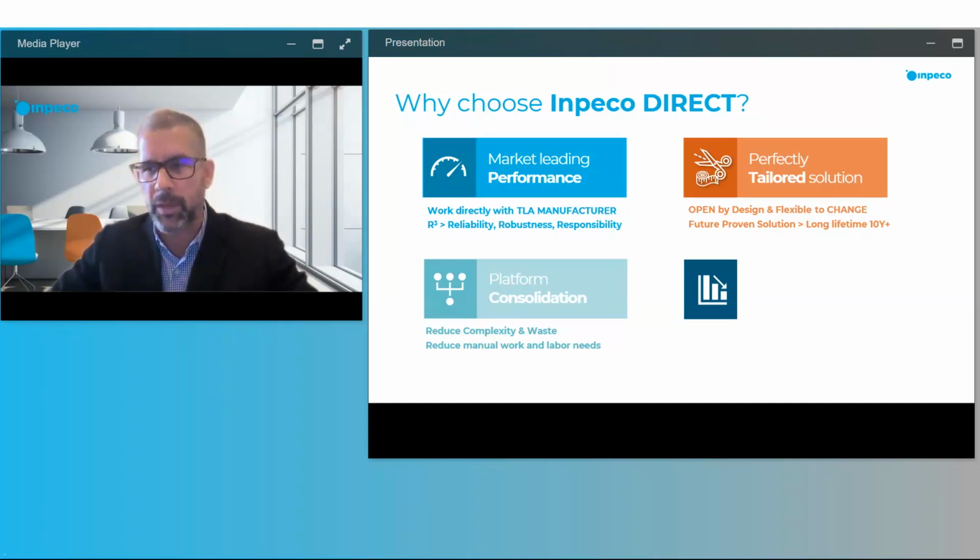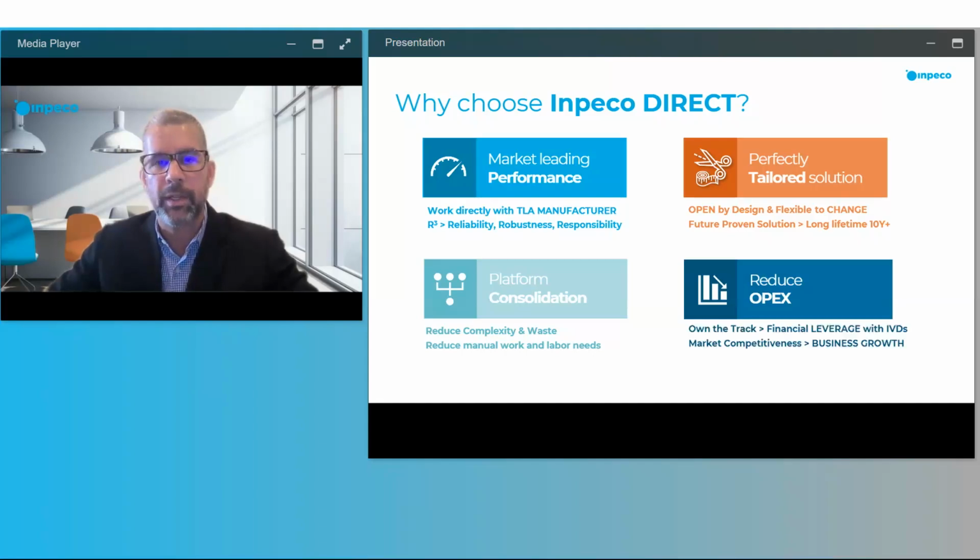And that's review results, help with the clinical pathways, help clinicians make decisions, and really focusing their attention on that piece. And then reducing OpEx, right? And owning the track, financial leverage, bringing market competitiveness and really business growth by being open to different ways of acquisition and looking at the finances of this in a different way.